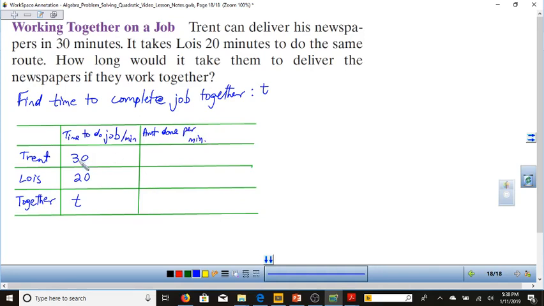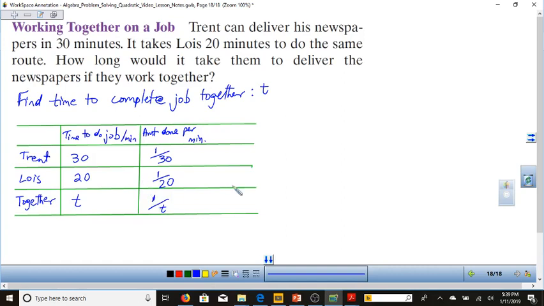If it takes him 30 minutes to do all the papers, he would have only done 1/30th of the job in 1 minute. And Lois would have only done 1/20th of the job in 1 minute. And if they were working together and it would take them t minutes together, only 1 over t of the job would have been done in that time.